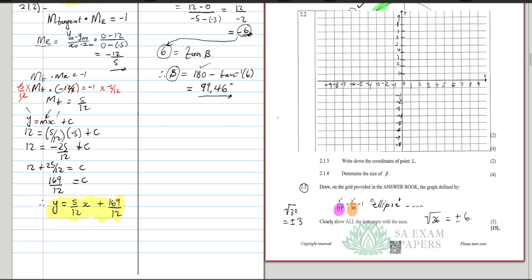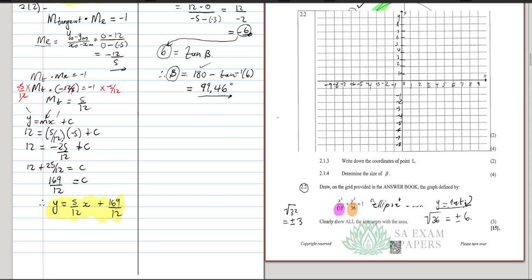But plotting an ellipse, you need an x-intercept and a y-intercept. For the x-intercept, you let y be 0 and solve. Then for the y-intercept, you let x be 0 and solve, and so on, right? But at the end, you're going to end up with this as your y-intercept.